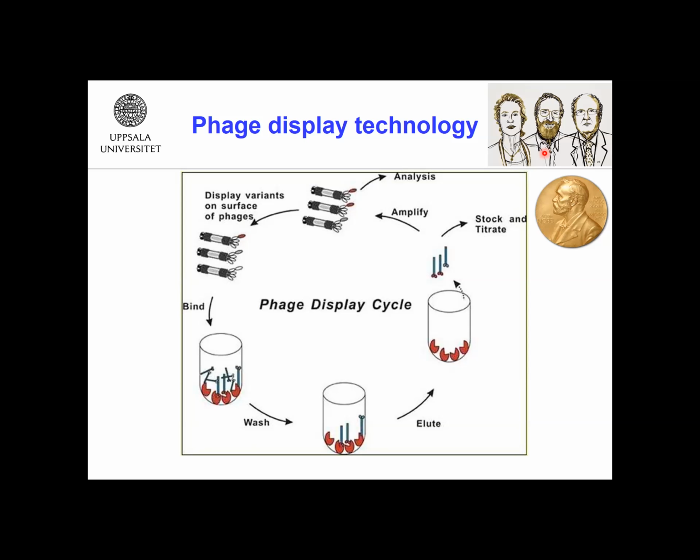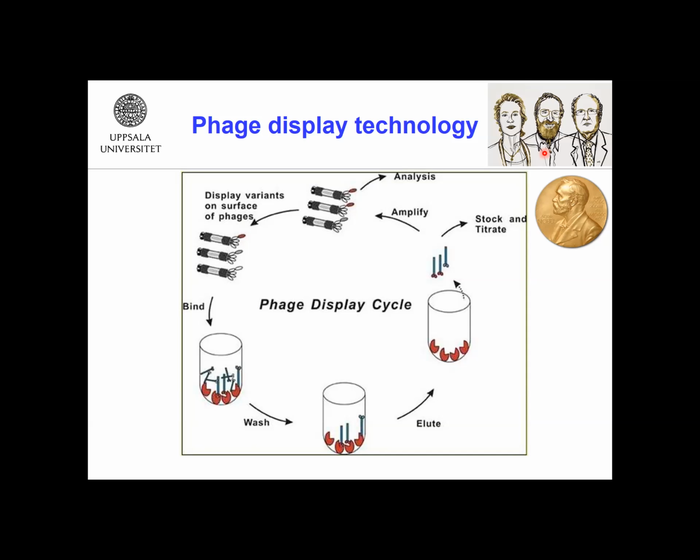So what George suggested is to make a double hijacking, to use or to cheat phage viruses. So what he did, he made by synthesis the strains, the random sequences of DNA encoding peptide and built into viral DNA.